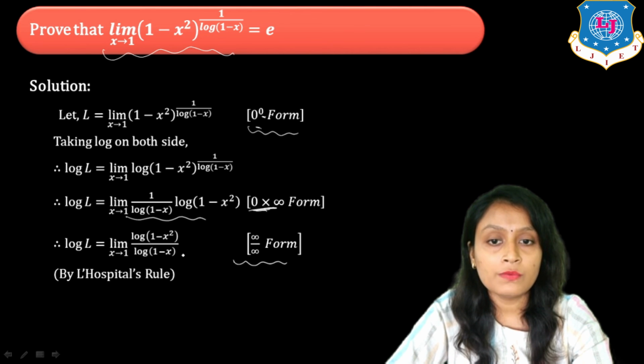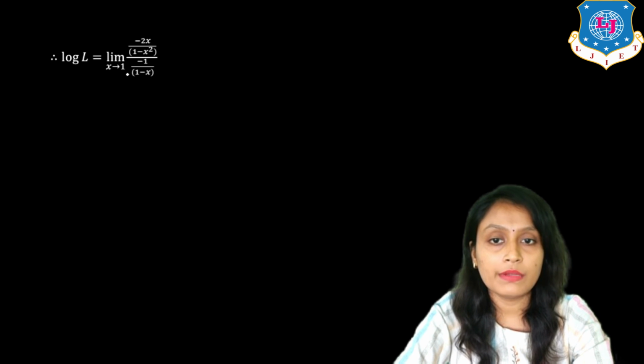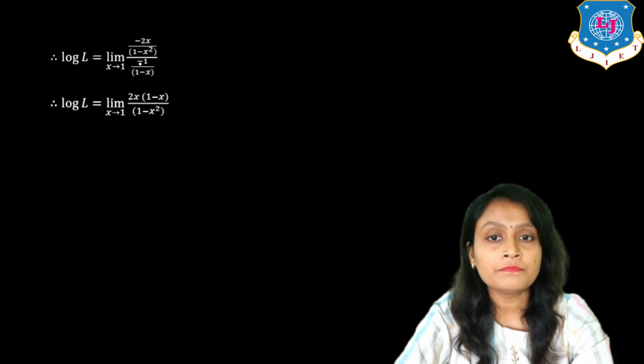Okay, so what we will do, we will apply L'Hopital's rule. So on applying L'Hopital's rule, we will get log L is equal to limit x tends to 1, 1 upon (1 minus x square) into, applying chain rule, minus 2x, and upon minus 1 upon (1 minus x). Simplify this, so you will get log L is equal to limit x tends to 1.